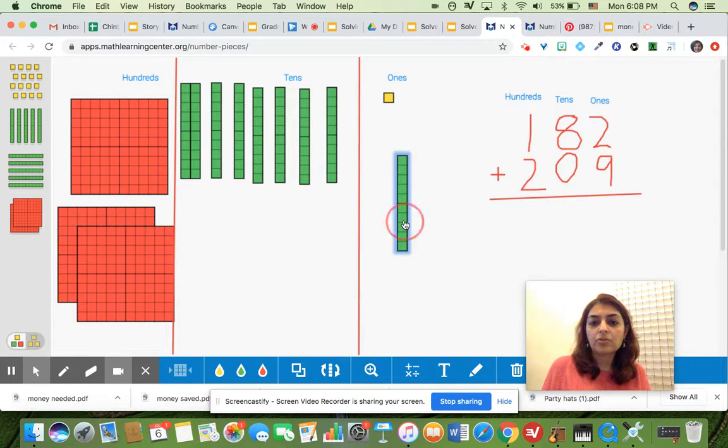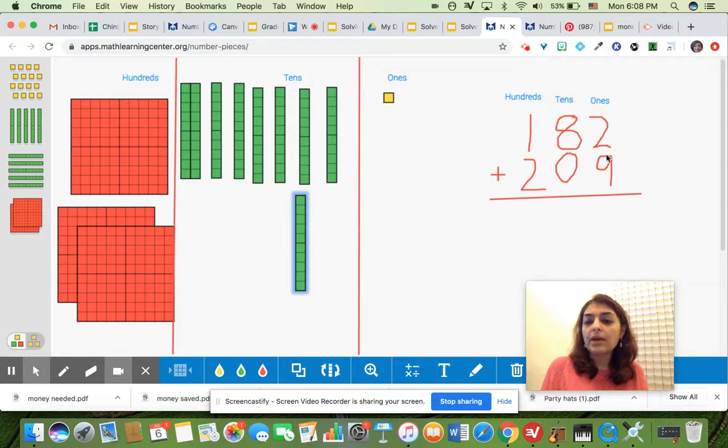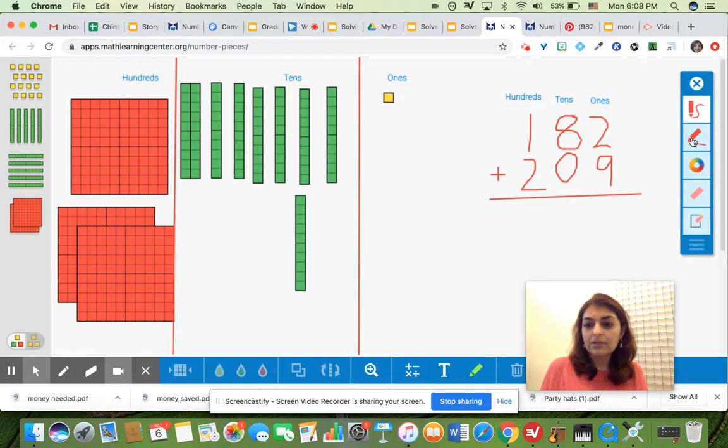So this 10 would be added here. And now I know 9 plus 2 is 11. So one of the tens is added here, and we have 1 left here. So 8 plus 1 is 9.